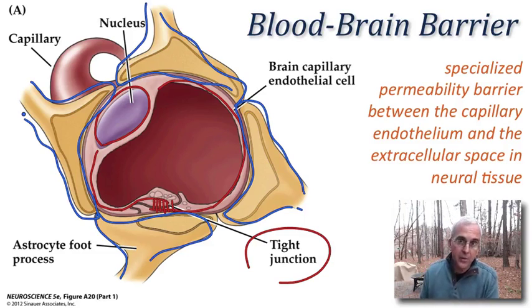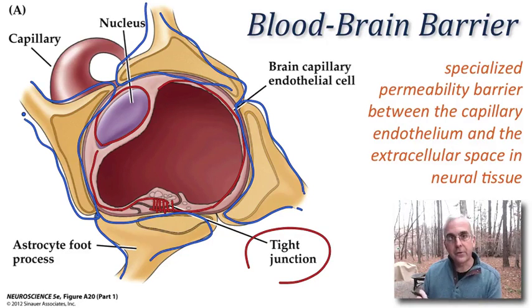Of course, there are some molecules that must enter the brain, such as glucose and a variety of amino acids. Such molecules typically are transported across this barrier by both active and passive means. Now, unfortunately, this barrier also provides a limitation for certain pharmaceutical agents that we might want to provide patients in the healthcare setting.